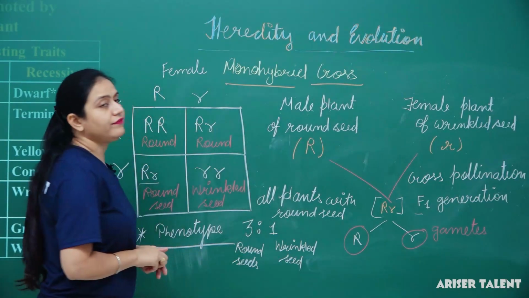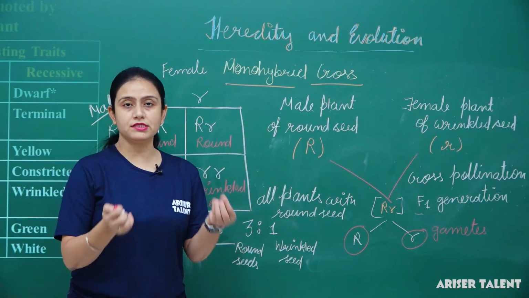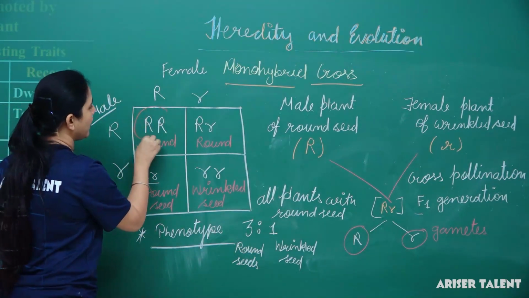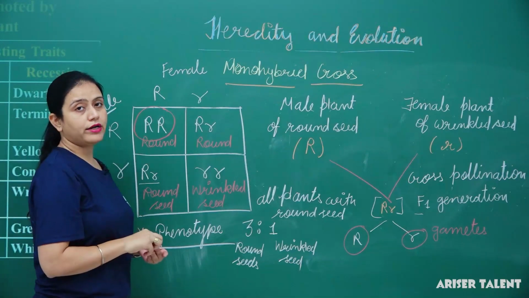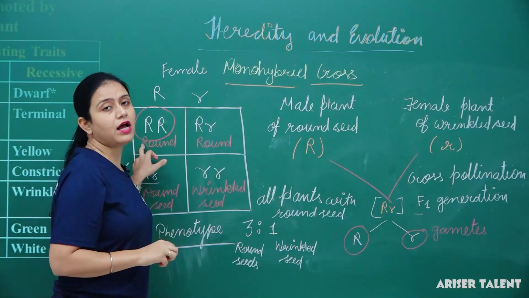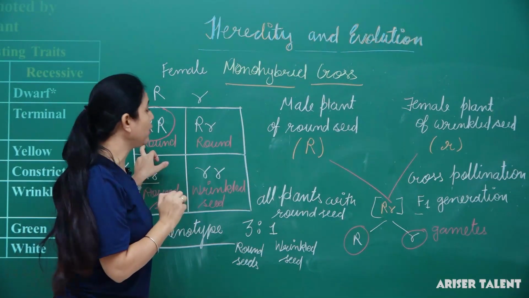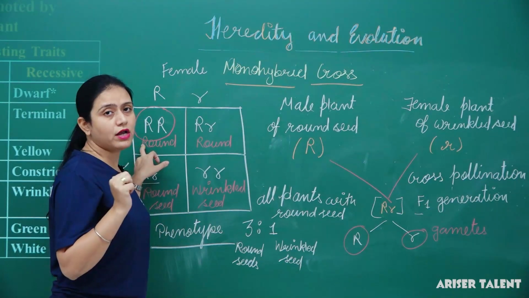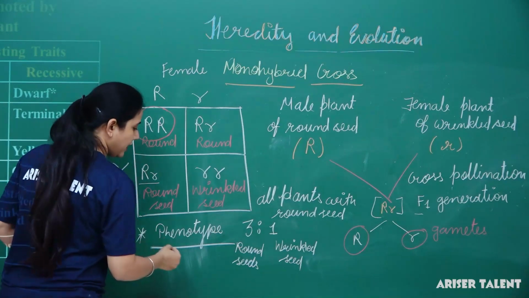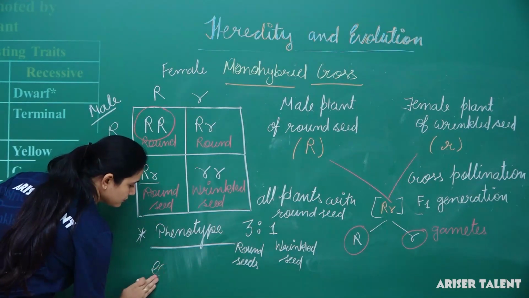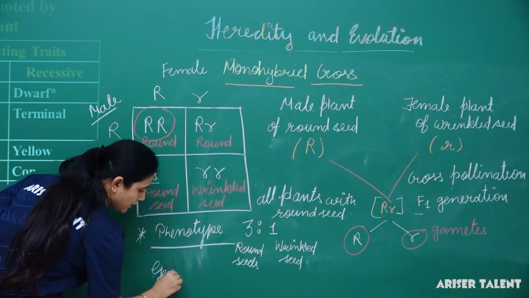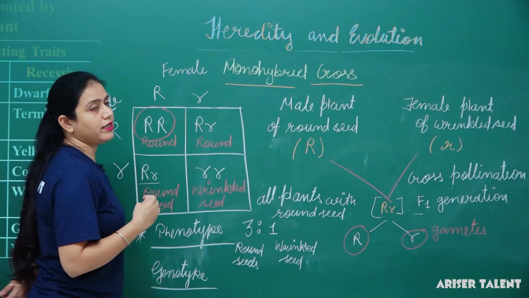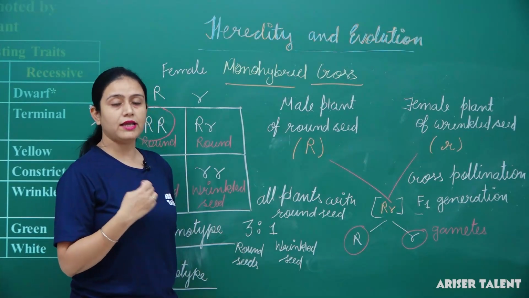But if we talk about genotype, genotype means the genes which it carries. This plant has completely capital R genes, meaning it is pure for round shape. Genotype is based on the type of the gene.